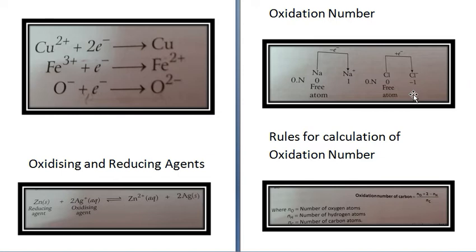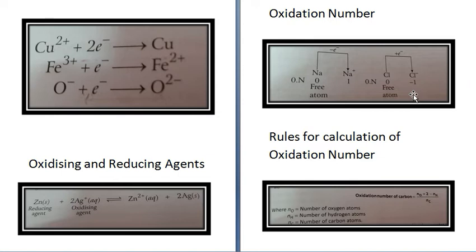Eighth point is the oxidation number of all alkali metals, alkaline earth metals and aluminium. For all alkali metals, oxidation number is +1. Alkali metals are sodium, potassium, that first group. Alkaline earth metals, the second group, will always have oxidation number +2. And aluminium will always have oxidation number +3 in all its compounds.